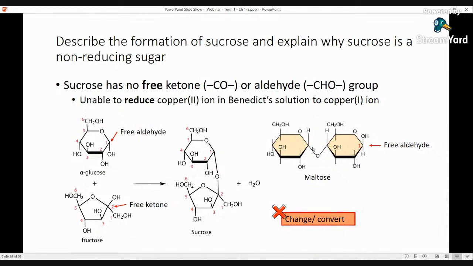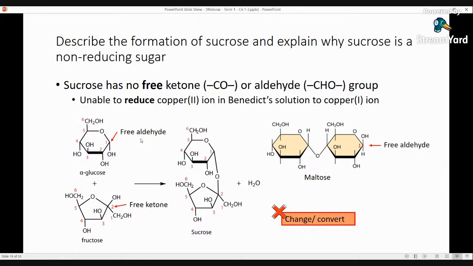The next one: why is sucrose a non-reducing sugar? Because sucrose has no free ketone or aldehyde group. The free aldehyde group in alpha glucose is at carbon 1, and the free ketone group is at carbon 2 of the fructose.